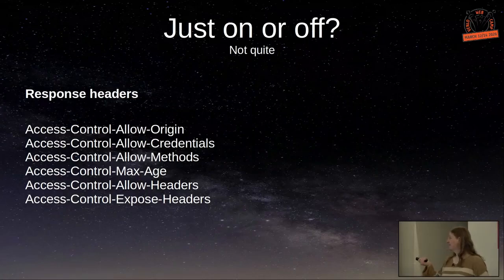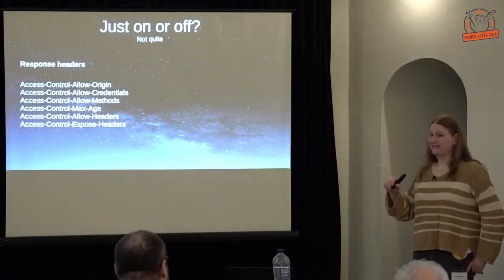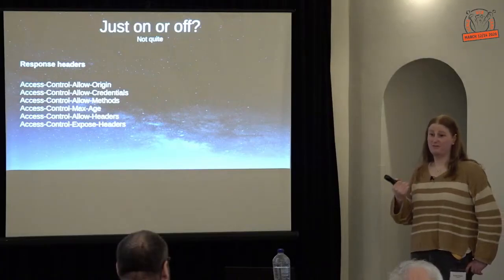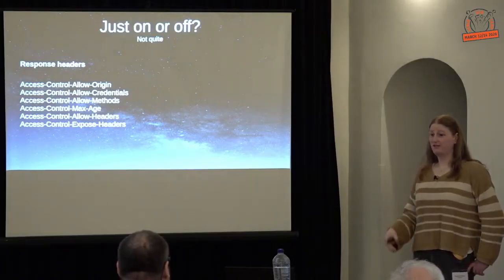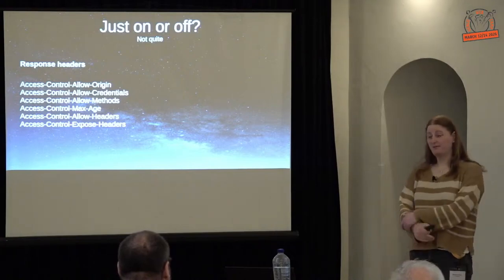But a special one is this, the max age. Because if you don't give that header, the browser will do the OPTIONS call for every request you make. Now, if it is a one-off call, that doesn't matter. But what if the browser does that call every 10 seconds? Do you want to have 12 calls per minute or just 7?